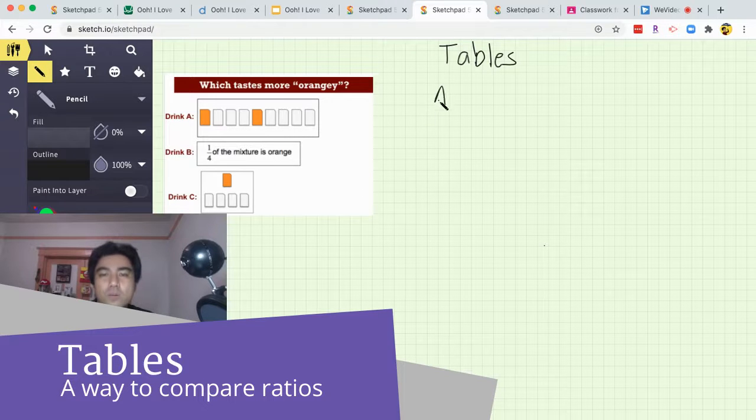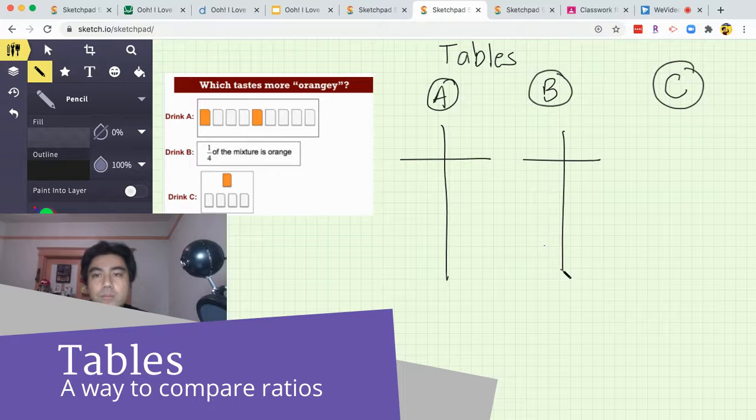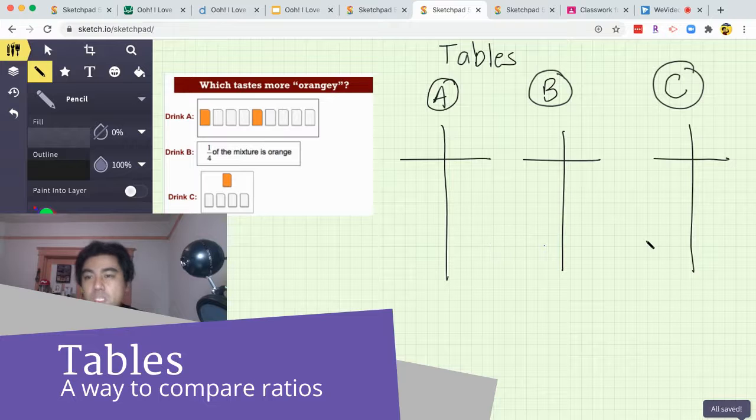So what we're going to do is we're going to have 3 different tables. We're going to have one table for A, one table for drink B, and one table for drink C. And I'm going to draw a vertical table going from top to bottom. Now, you might have seen T-charts in elementary school. T-charts are the same thing as tables, okay?